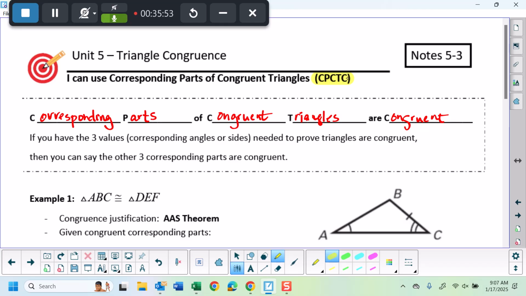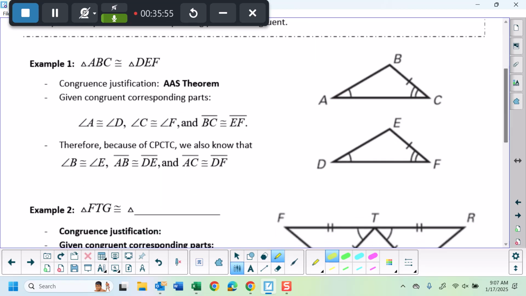All right, let's take a look at this first one. I know that triangle ABC is congruent to triangle DEF. Got it. When I look at this, I know that I have these congruent corresponding parts. I know that A and D are congruent because I'm given that through the diagram. I know that C and F are congruent. I'm given that in the diagram. I know that segments BC and EF are congruent.